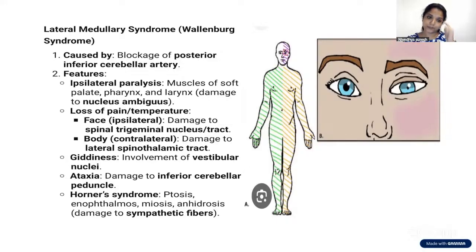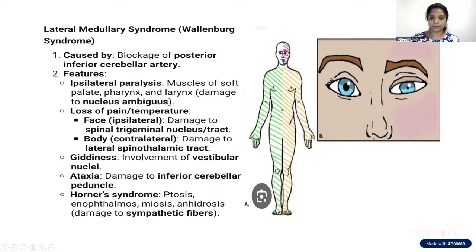So, loss of pain and temperature: on the face, we can see it on the same side, due to the damage to the spinal trigeminal nuclei, and in the body we can see it contralaterally. There is loss of pain and temperature, but it will be different in the face and the body. In the face, it is on the same side.